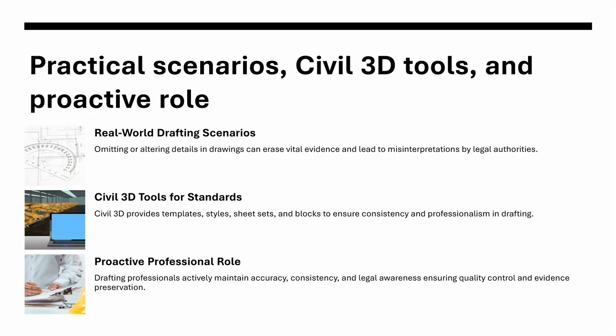Sheet sets organize multiple drawings into a single project, maintaining uniformity. Blocks standardize symbols, so a found monument looks the same in every plat. These are not just tools, they are part of professional drafting.